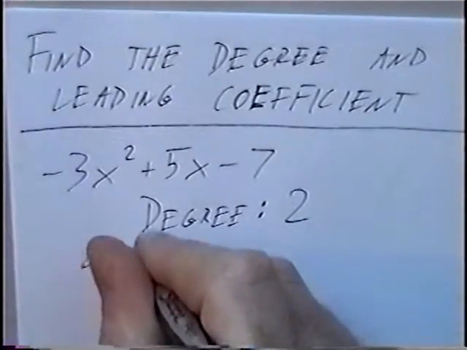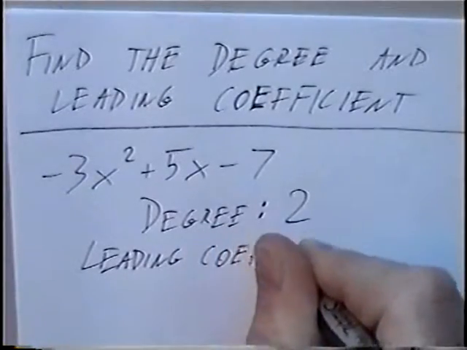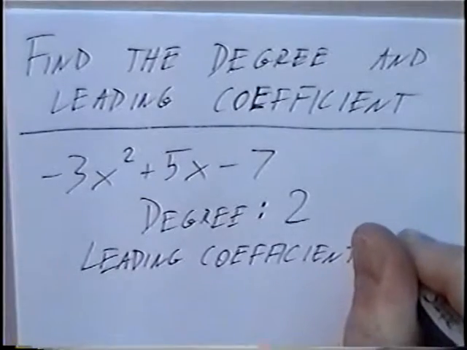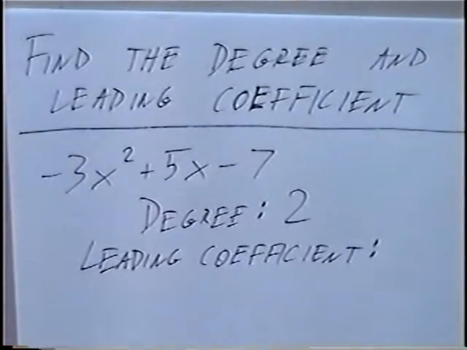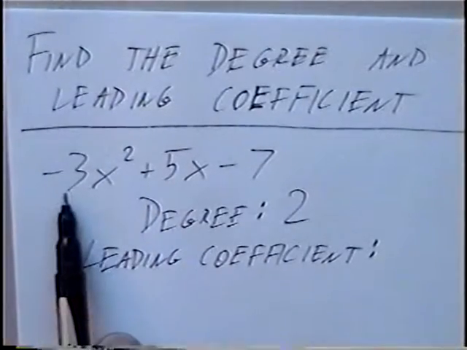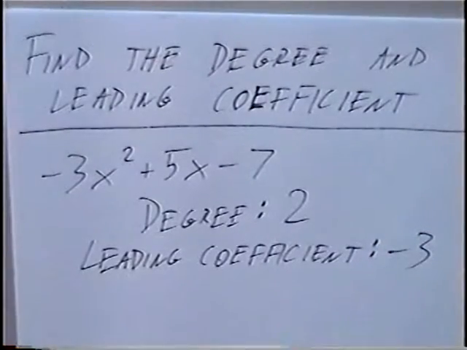For the leading coefficient, the leading coefficient is the number in front, or coefficient for the degree. Since our degree is 2, the coefficient of that term is negative 3, so the leading coefficient would be negative 3.